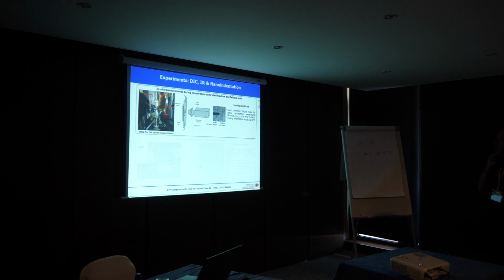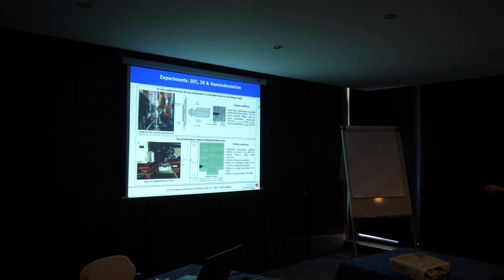So we are using different full-field and local investigation techniques, including digital image correlation to capture local deformation and strain in the crack tip, and infrared thermography to capture the local temperature variation due to stress- and thermal-induced transformation in the crack tip region.